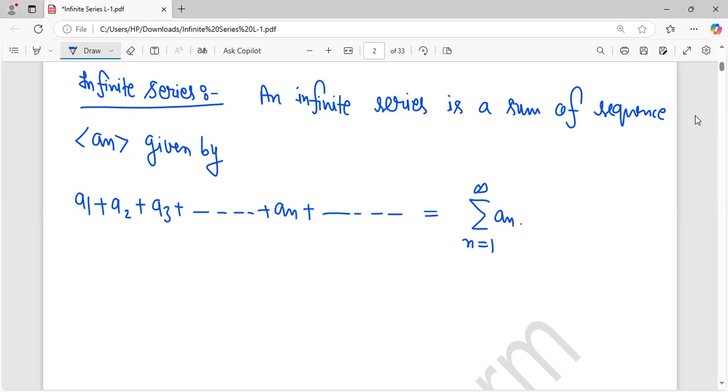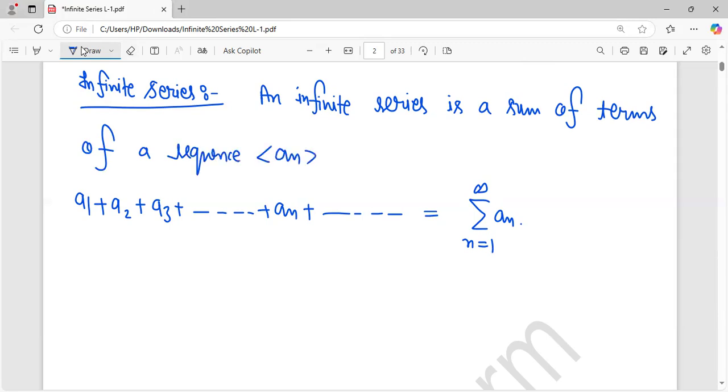Okay. So an infinite series is a sum of terms of a sequence an given by this.